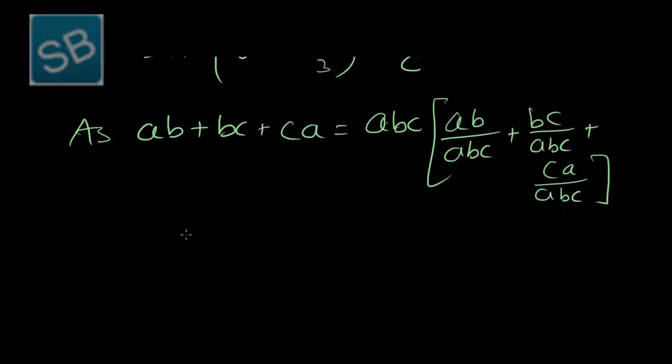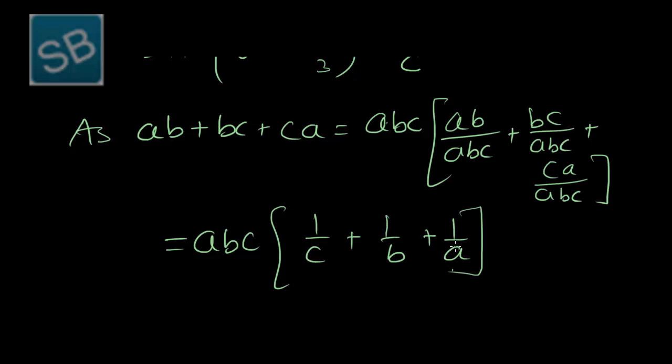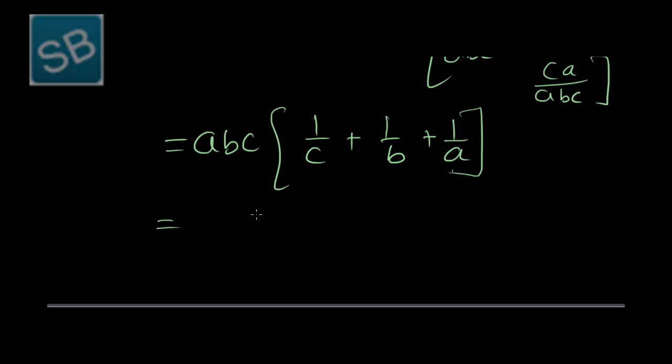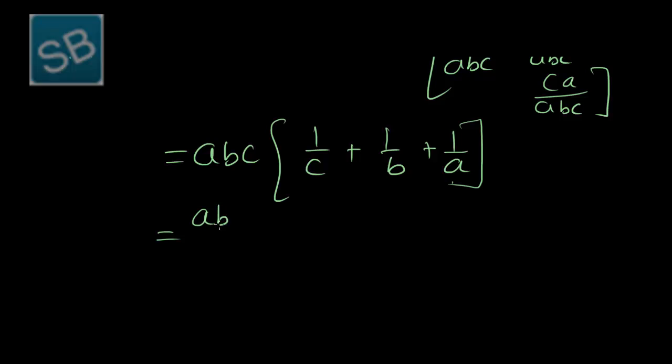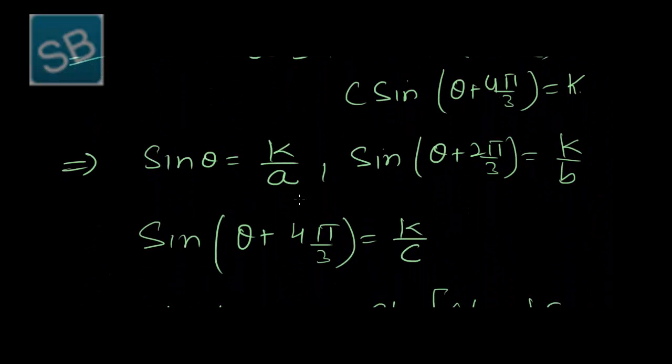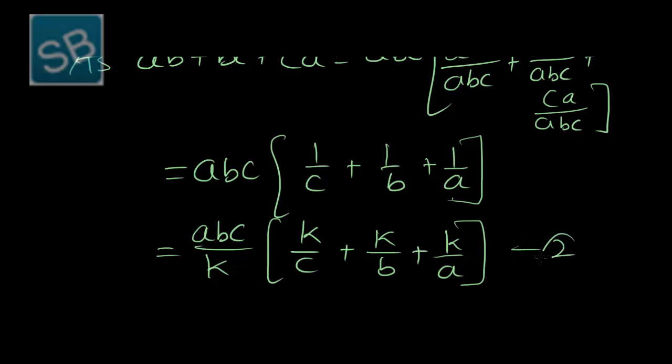So we get ABC outside, and 1 over C, 1 over B plus 1 over A. From the above expression we multiply and divide by K. That is ABC over K, K over C plus K over B plus K over A. So we will replace these by the given values of K over A, K over B and K over C, using expression 1 in 2.